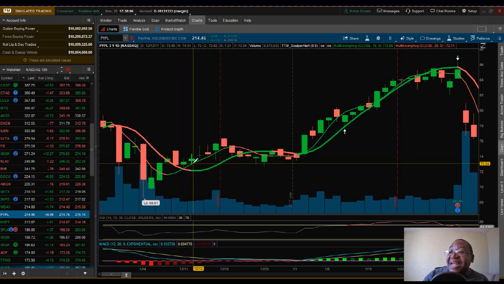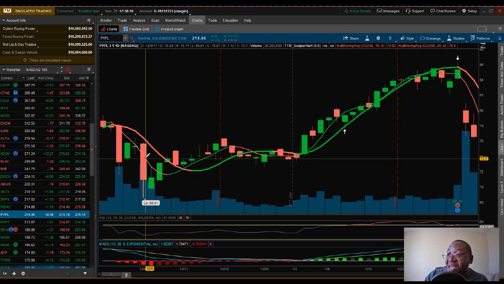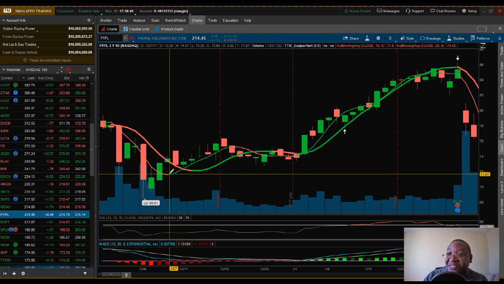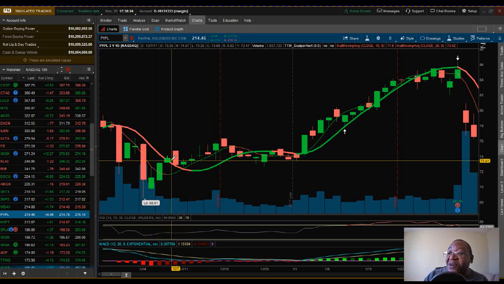Right? So now here is how you can play this. Here's how you use this. And this is how I was taught to use these 2 Hull moving averages. When I see that the 10 changes, then I know, okay, maybe it's time for me to go in, jump in here. However, being the conservative trader that I am, I might want some confirmation.